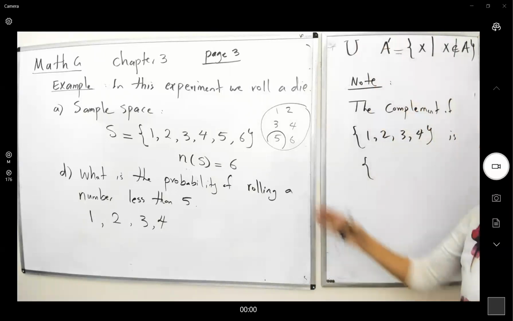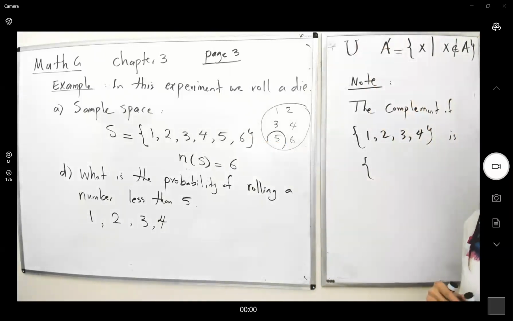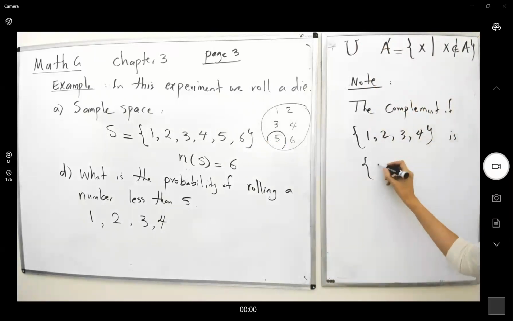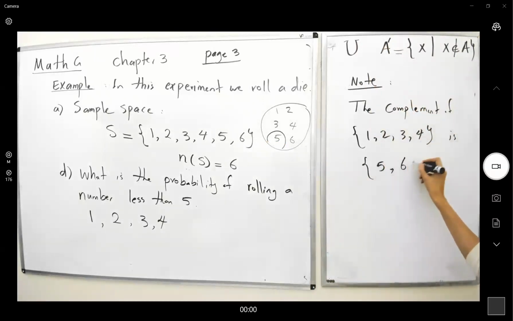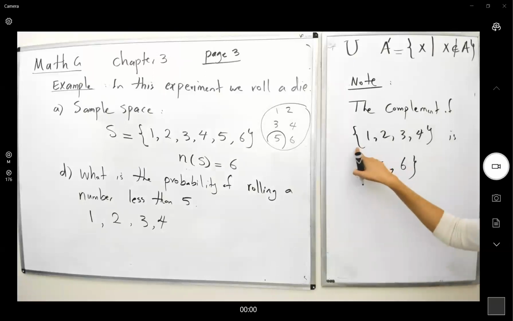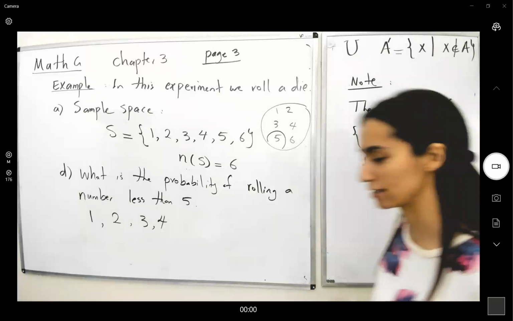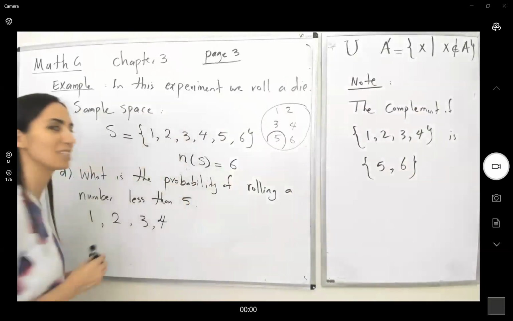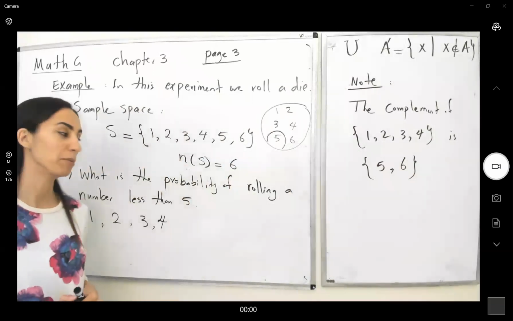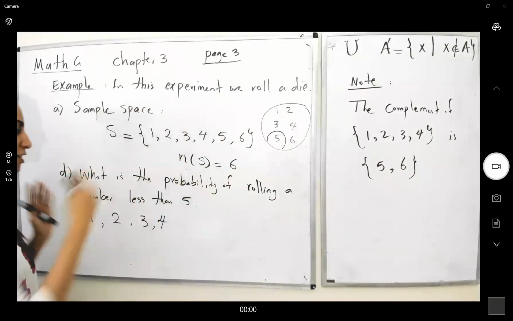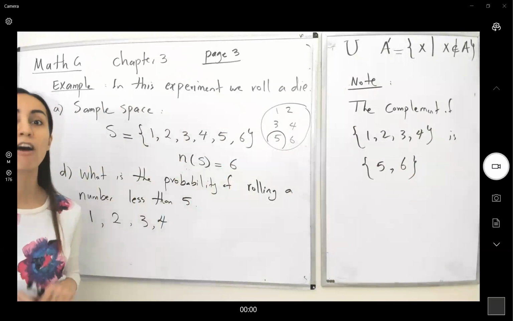So where are they? They belong to the sample space. The set including 5, 6. So the complement of set 1, 2, 3, 4 is the set including 5 and 6. Well, how do we use these to find the probability of rolling a number less than 5?